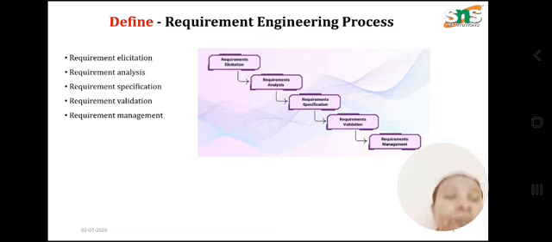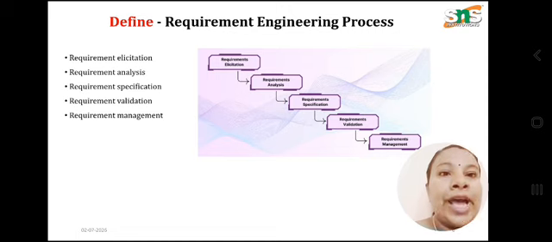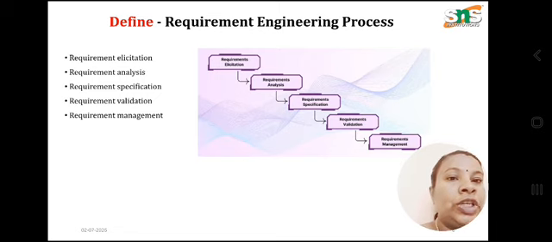So this is the requirement engineering process. It has 5 stages: requirements elicitation, requirement analysis, requirement specification, requirement validation and requirement management.